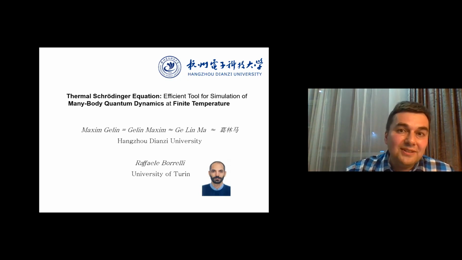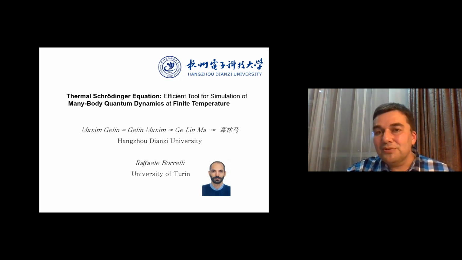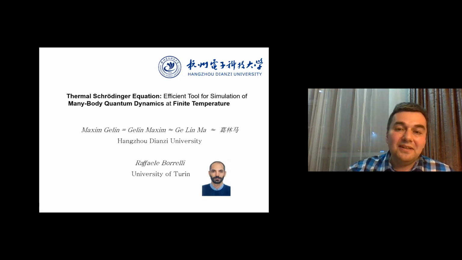This method allows calculating quantum dynamics and femtosecond spectroscopic signals of systems with many electronic and vibrational degrees of freedom, fully quantum dynamics.